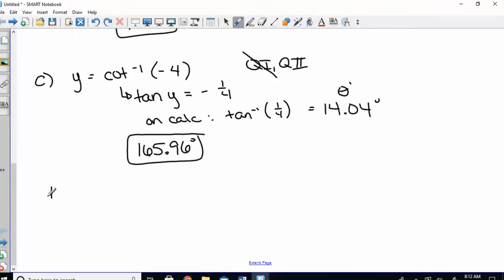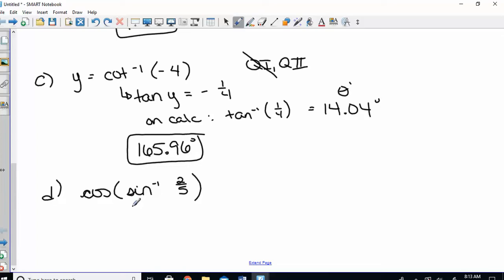The last type of problem I want to review from this section is what if I gave you an inverse inside another trig function.